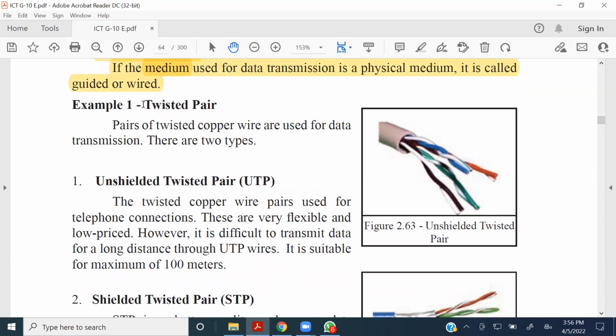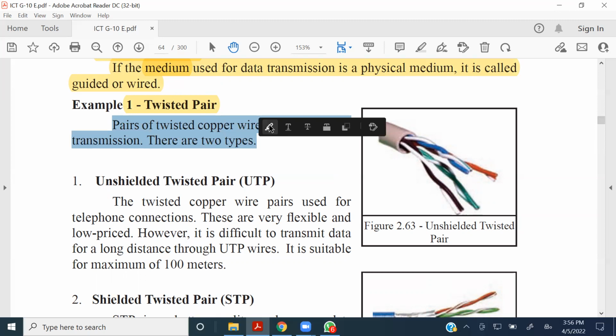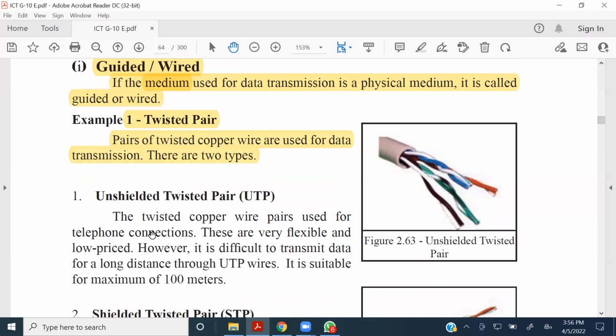And then after that you can say number 1, twisted pair, and you have to mention the 2 types. These things can be written as points under those.